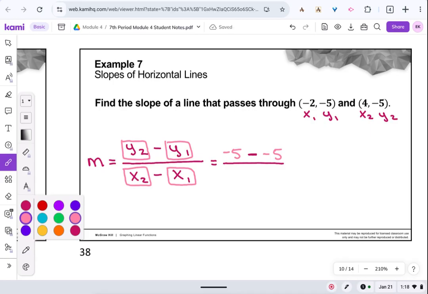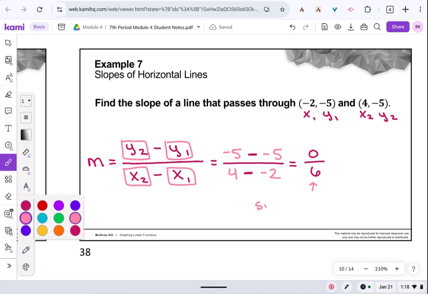On the bottom is x2, which is a 4, minus sign in the middle. x1 is -2. Again, we're going to use our calculators. When I do that, -5 minus -5, that gets me 0. And 4 minus -2 is going to give me 6 in my calculator.